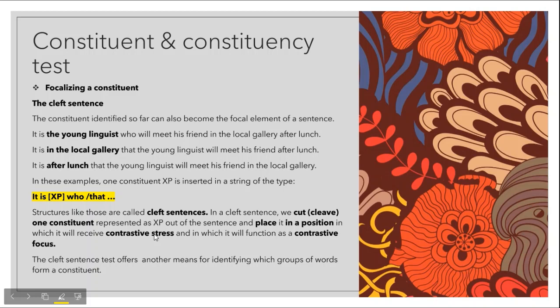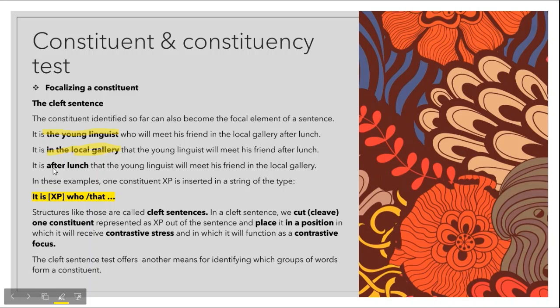It is the young linguist who will meet his friend in the local gallery after lunch. يعني the young linguist هو اللي it is focalized. Okay? It is in the local gallery that the young linguist will meet his friend after lunch. Okay? عاوتاني هنايا in the local gallery, so it is a constituent.